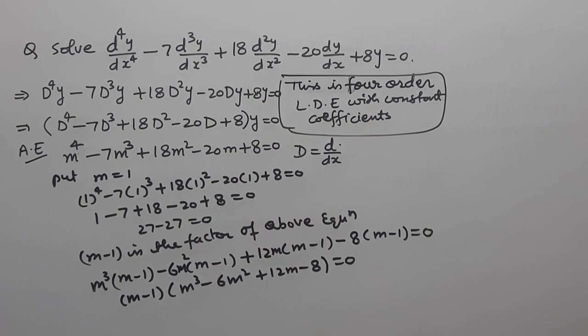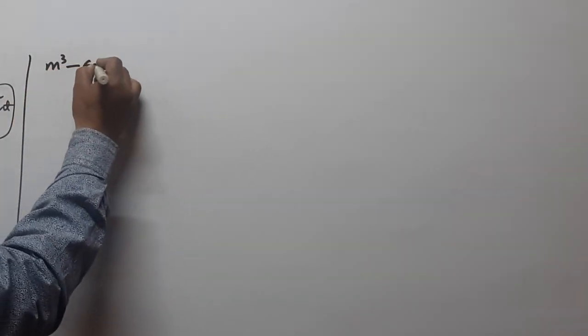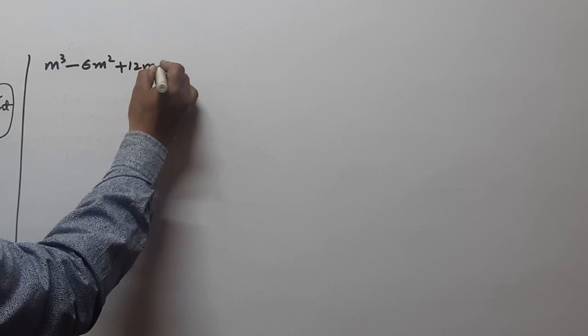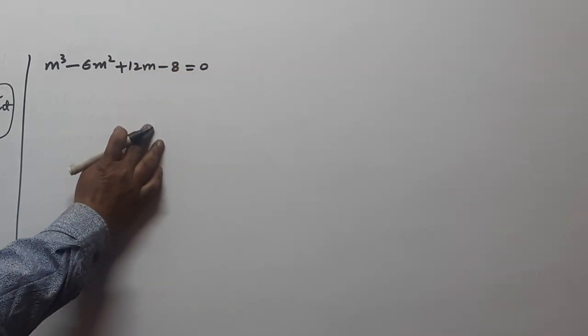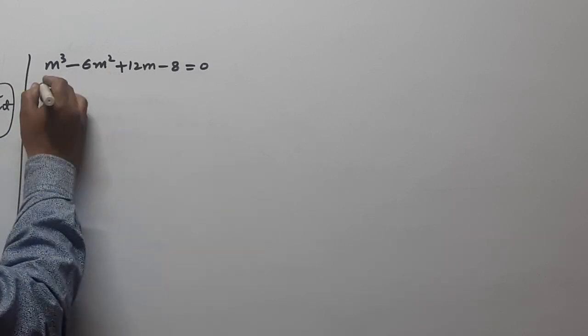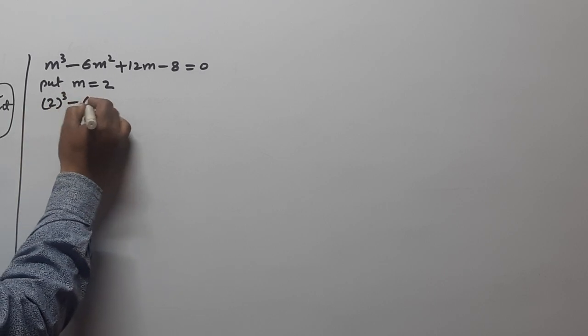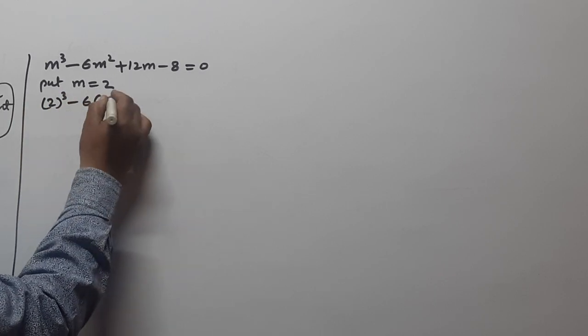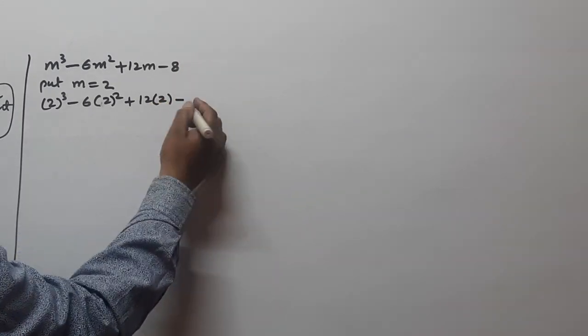We factorize this given equation again. Now we take the factor m cubed minus 6m squared plus 12m minus 8 equal to 0. If we put m equal to 2 here, this is 2 cubed minus 6 multiplied by 2 squared plus 12 multiplied by 2 minus 8.